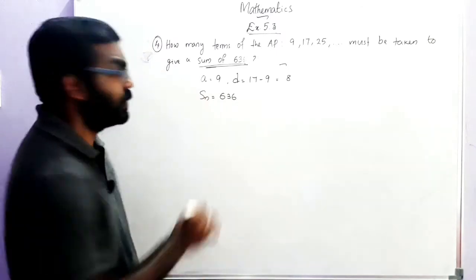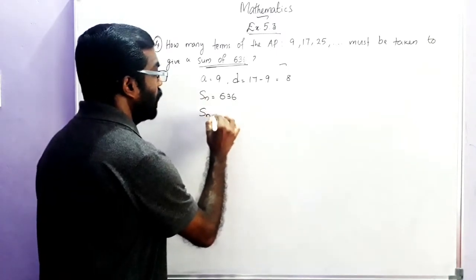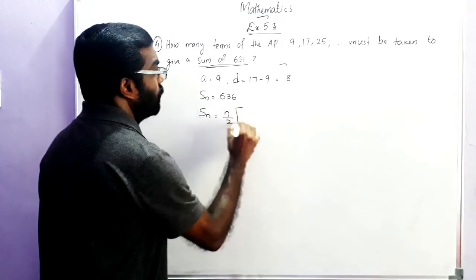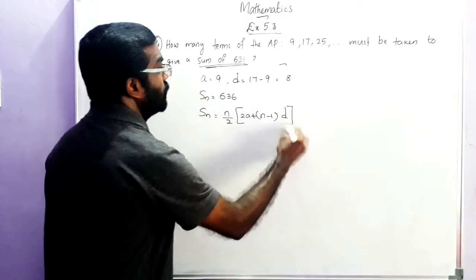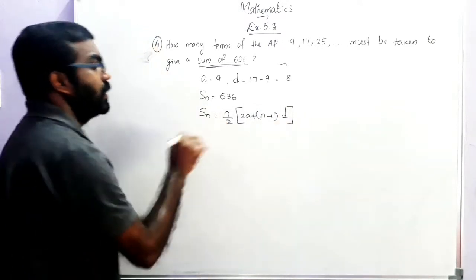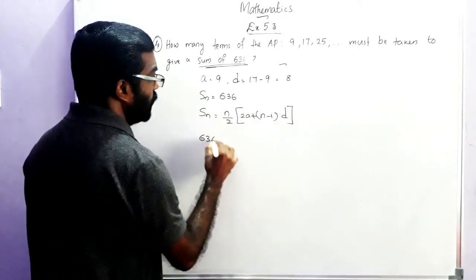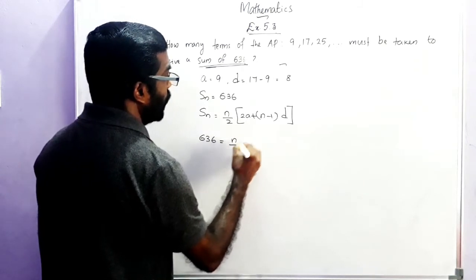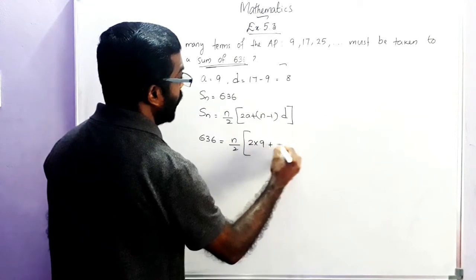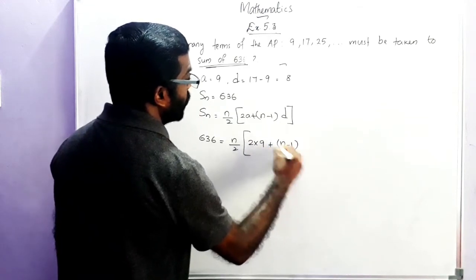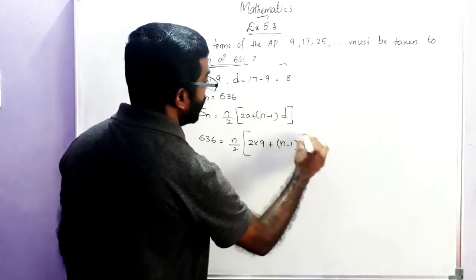Now we have a formula to find the sum. Sn is equal to n by 2 into 2a plus n minus 1 into d. So in this formula we can replace the values. Sn is 636, which is equal to n by 2 into 2a, 2 into 9, plus n minus 1 into d. d value is 8.